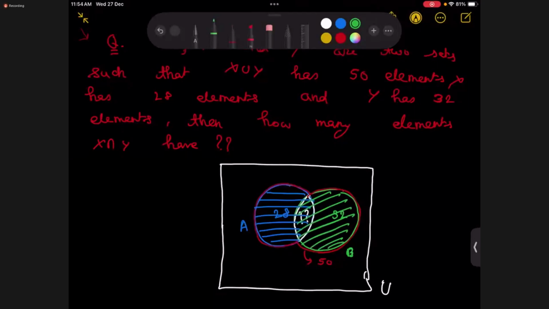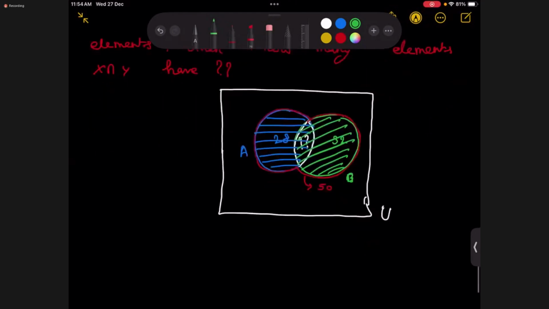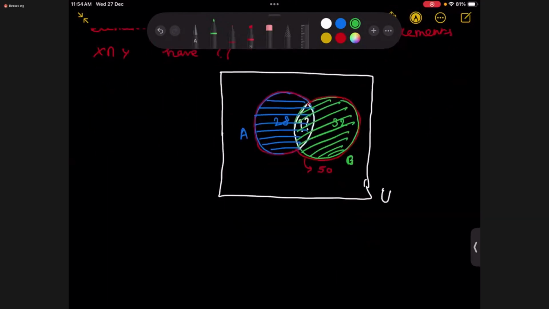And so there must be some common elements in A intersection B, and they are counted twice if we add N(A) and N(B). So we need to find that.